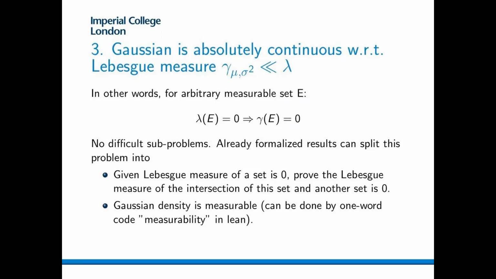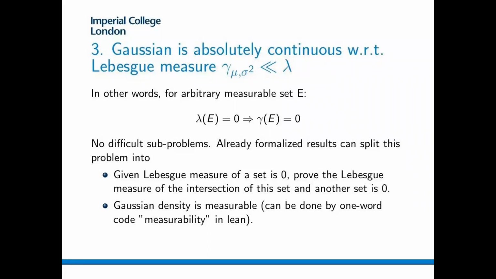Some results that have already been formalized in Lean can split this problem into two sub-problems. One is to prove that the Gaussian density is measurable, which can be finished by the one-word command measurability in Lean.